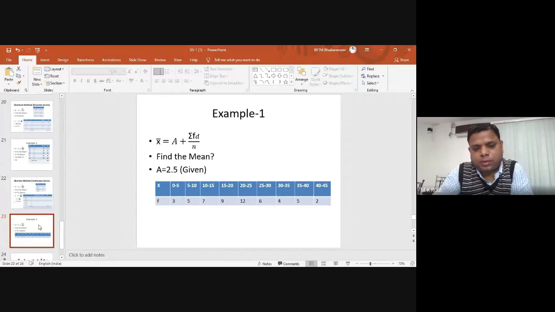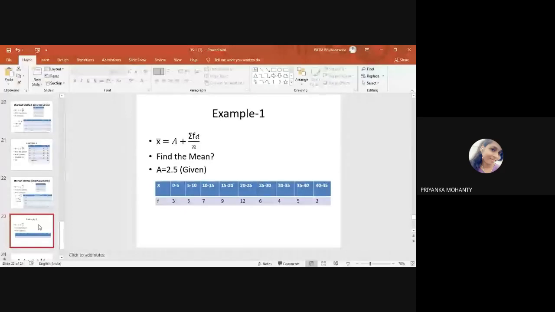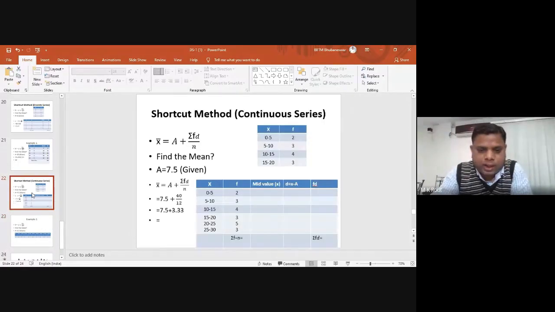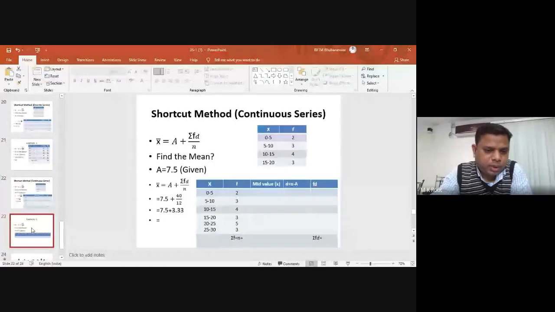The second one is 7.5. The third one is 12.5. Similarly, 17.5. Just calculate up to the last one, that is 47.5. Sorry, that is 42.5. Then proceed for D. Here A is given, it is 2.5.